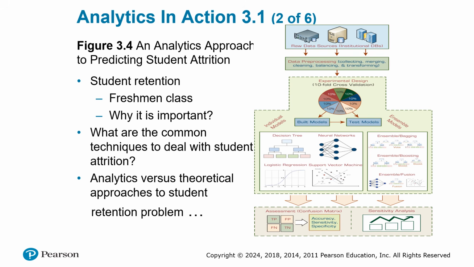Student retention, coming from the freshman class, is important, and we can take this in different contexts. Of course, we have the raw data, and by using the raw data we do the pre-processing: collection, merging, cleaning, balancing, and transforming our data.